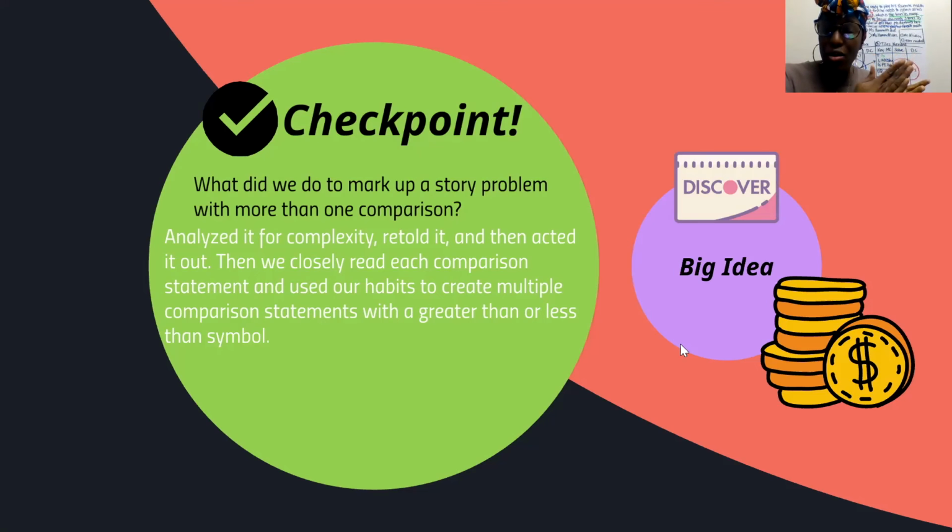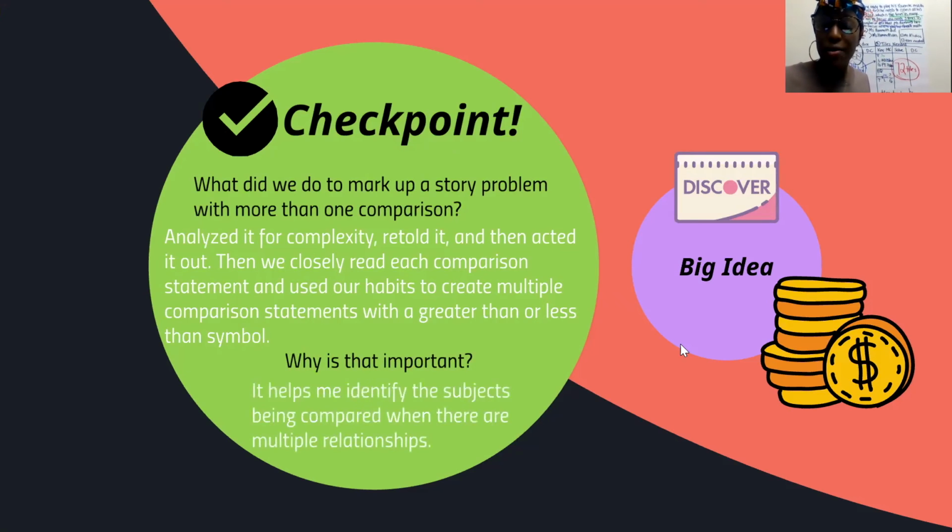So then after we did all of that and created a beautiful, beautiful scene, then we closely read each comparison statement and used our habits to create multiple comparison statements with a greater than or less than symbol or an inequality. And then we still thought about why was all of that important? Well, it helped us to identify the subjects being compared when there are multiple relationships. It also helped us to keep track of those relationships, especially because we needed some parts to help us get to the next part.